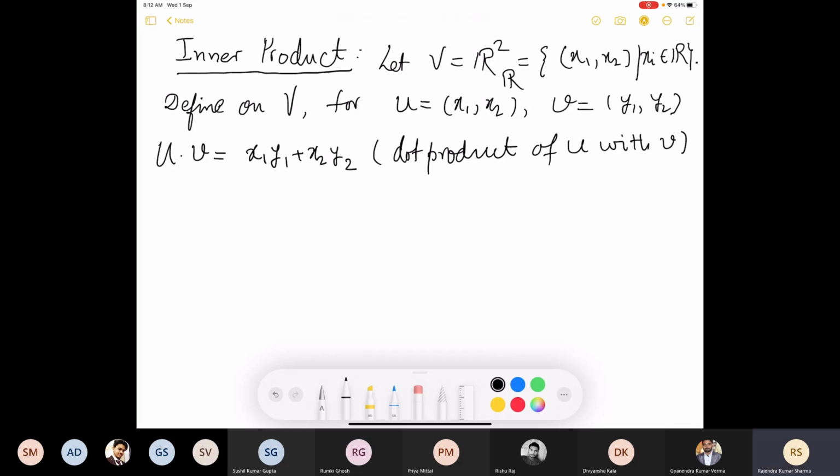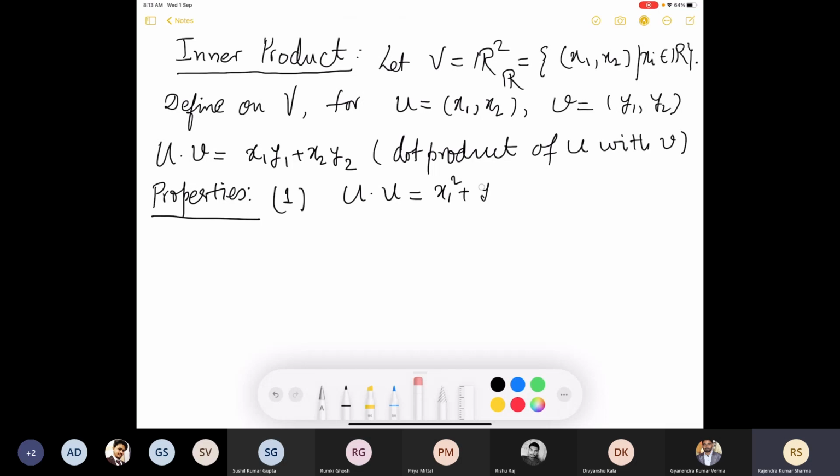Naturally, one can see the properties of this as follows. So properties of the dot product we can see here. So if you take say u dot u with this, so this is your x1 y1. y1 is also x1, so this is x1 square plus y2, and y2 is same as x2, so better write x2 only.